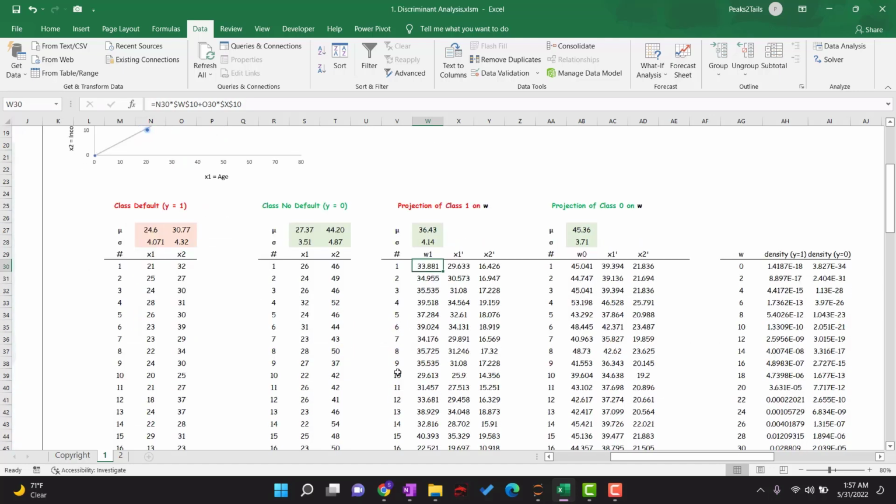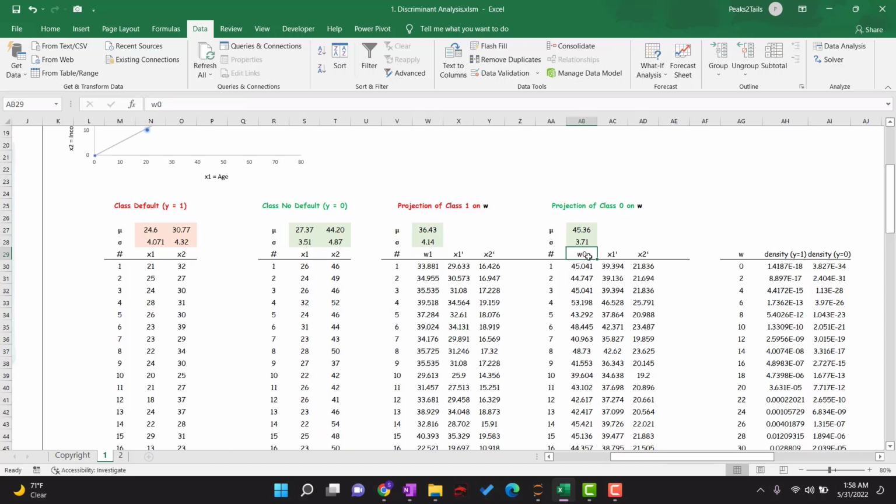Similarly, you can calculate projections or shadows of all the points on W. So this entire vector is the shadows or projections of class y equal to 1 on W. Similarly, I can calculate the projections of all the points which belong to class y equal to 0 on W. I'm labeling them as W1 and W0.